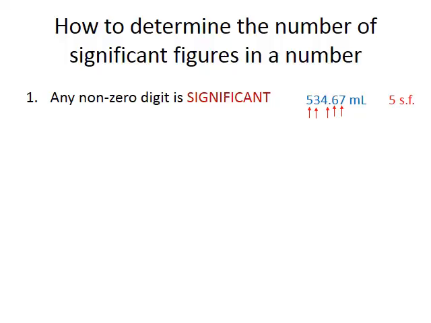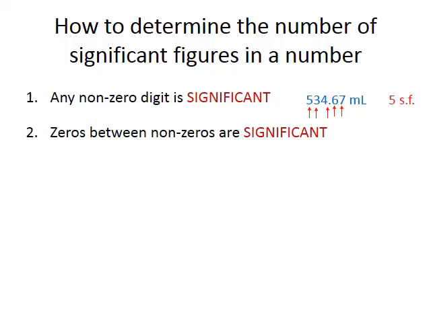Zeros are the tricky ones. And the next 4 rules all apply to whether or not to consider a zero in a number measured or a placeholder. So first, if the zero is found between non-zeros, so captured in between 2 non-zero digits, it's considered significant. For example, in 10.6 grams, the 0 is in between the 1 and the 6.